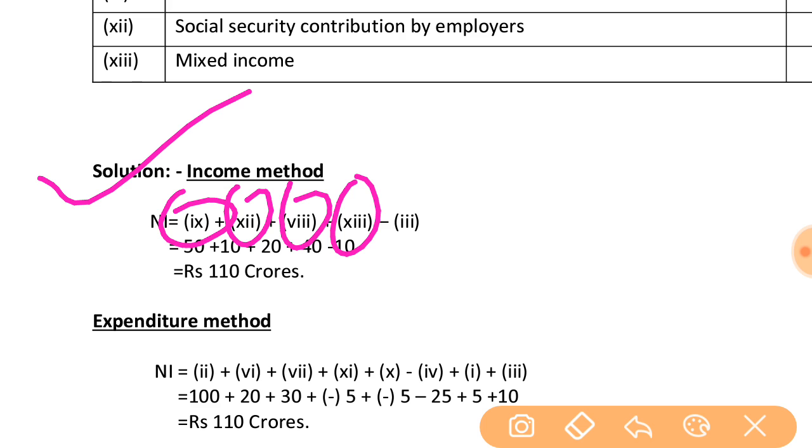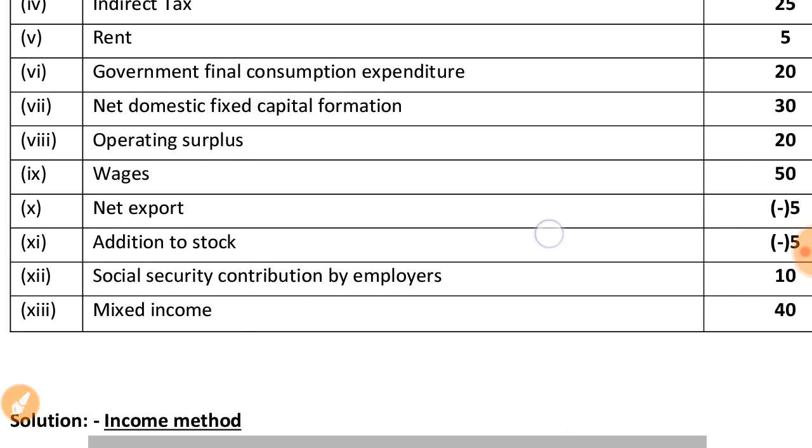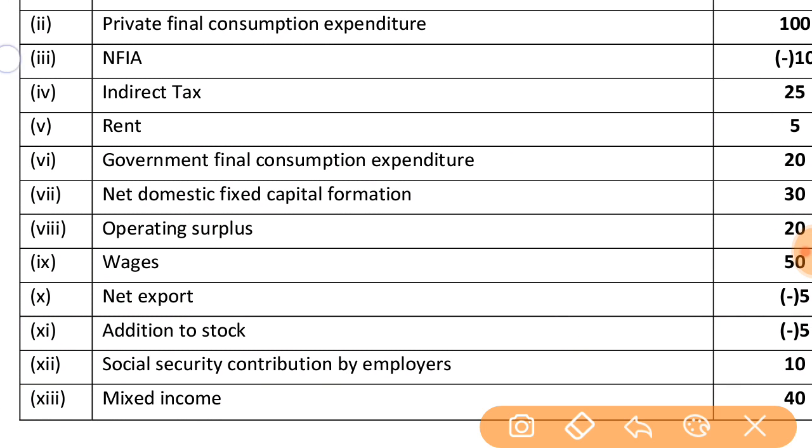And again we have added mixed income. After that, what do we deduct? Net factor income from abroad. Why is it deducted? Actually, not deducted, it has to be plus, but here the value given for net factor income from abroad is minus 10.